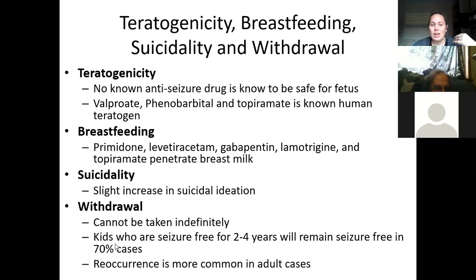So I think that lends to this idea of synaptic plasticity: if they have intervention at an early enough age, the brain can almost rewire itself to prevent those recurrent seizure pathways that maybe were there originally. Recurrence is more common in adults, because you don't have that same flexibility with signaling.